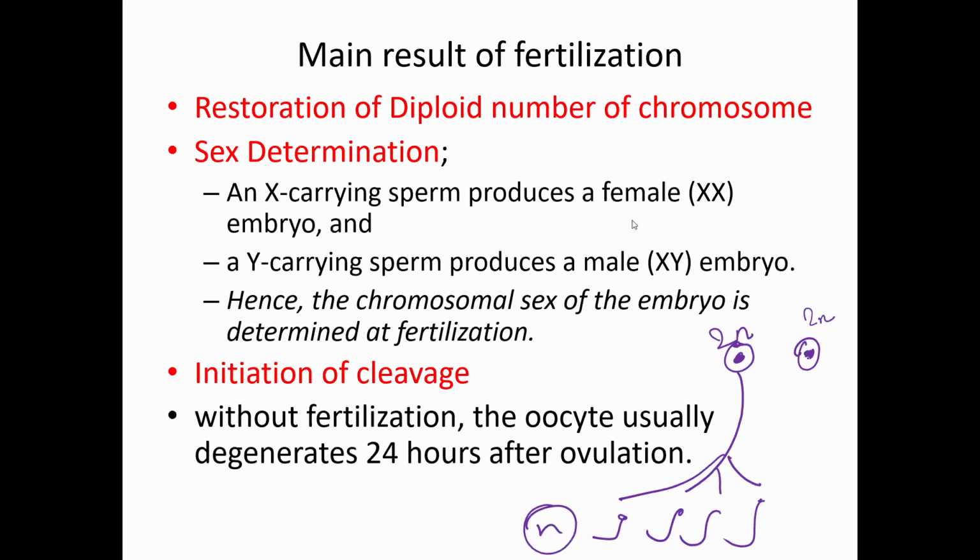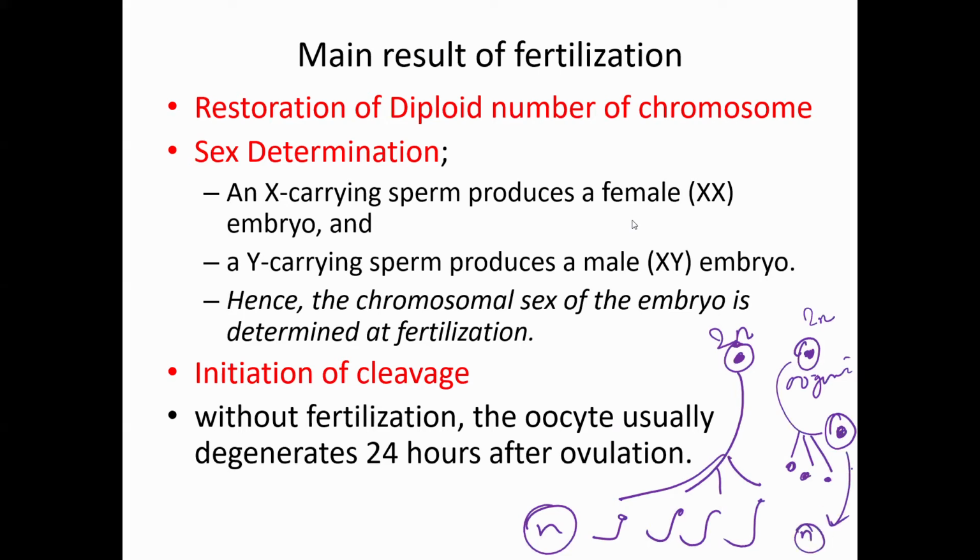From 1 oogonia, it gives rise to 3 polar bodies and 1 ovum, and this is also haploid.